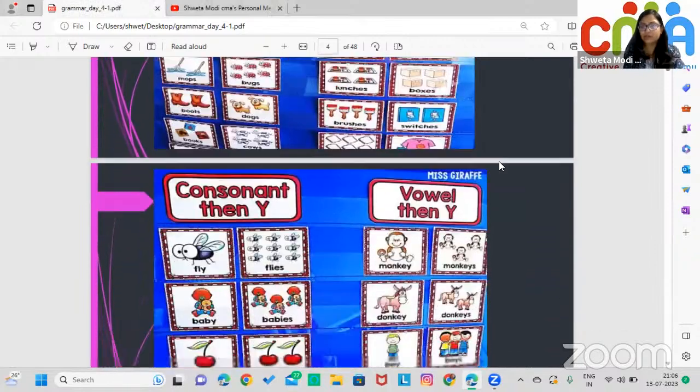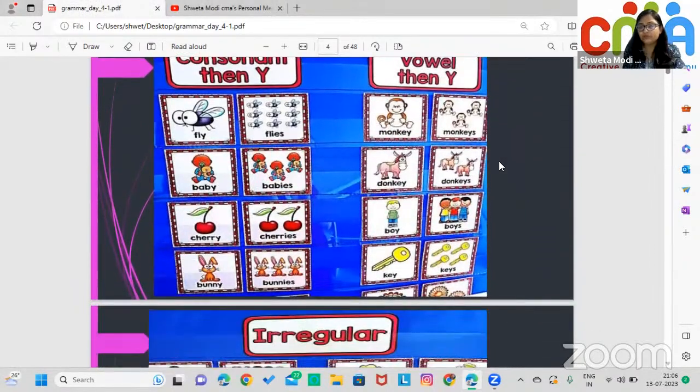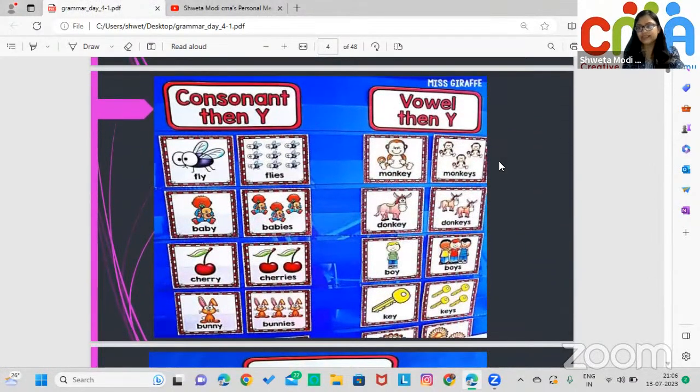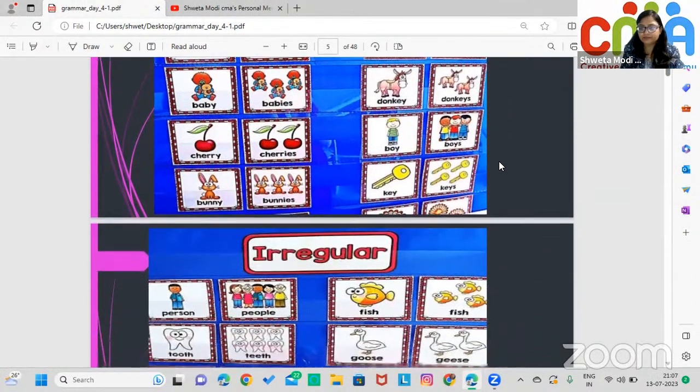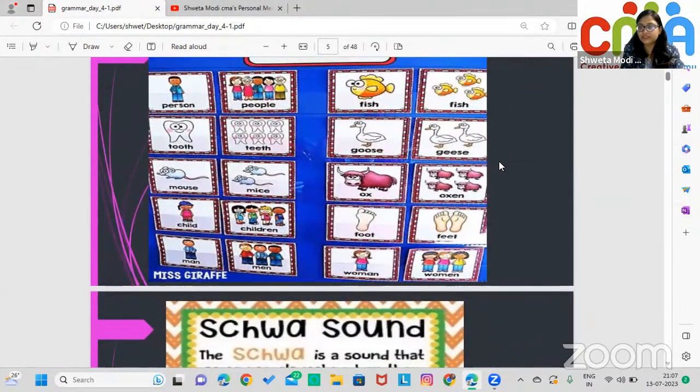If you have a consonant before y, you remove y and put ies. But if it is a vowel, like in monkey, donkey, boy, key, with a vowel before y, we only use s. And irregular, where the spelling is changed.